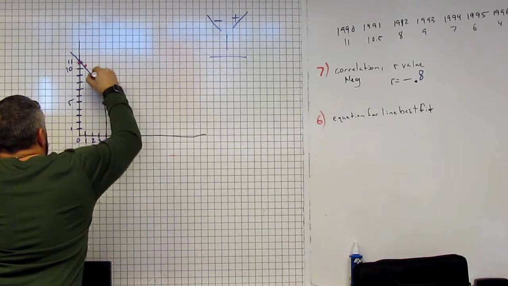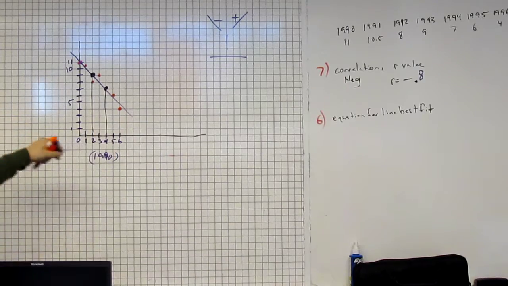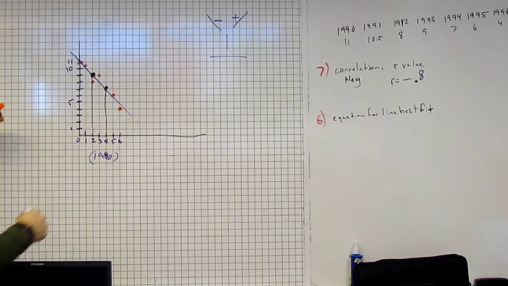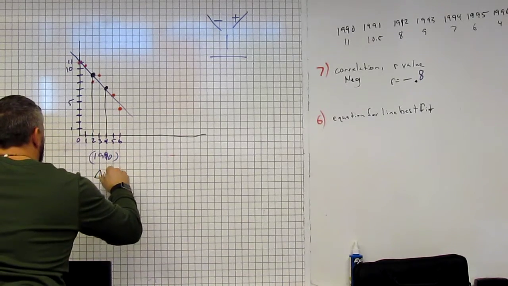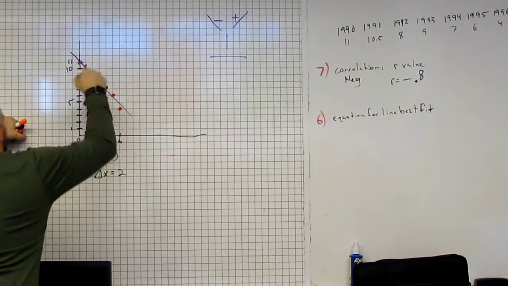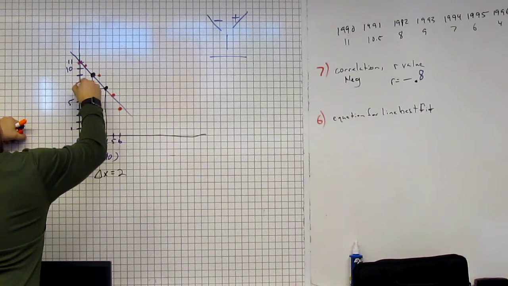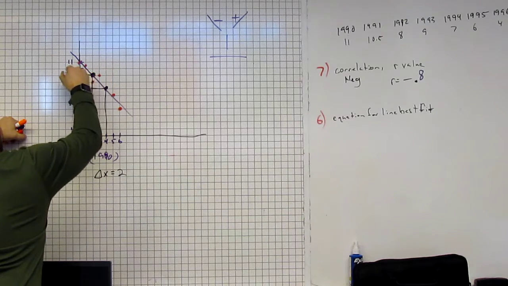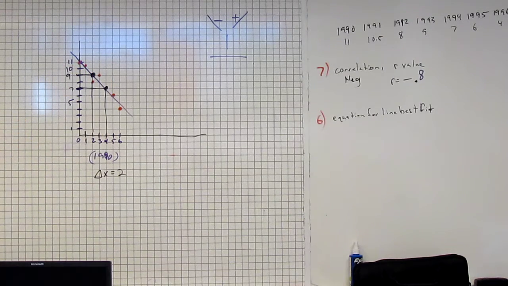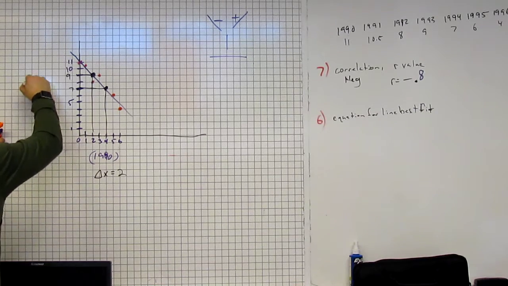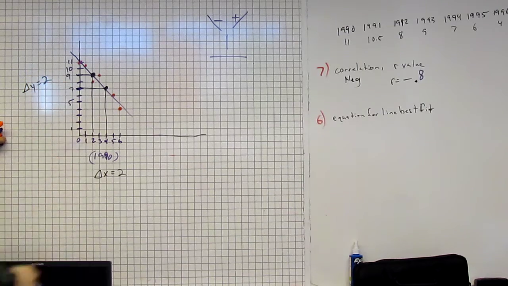How far apart is 2 from 4? 2. So the difference in x is 2. How far apart is 7 and 9? 2. So the difference in y is also 2.